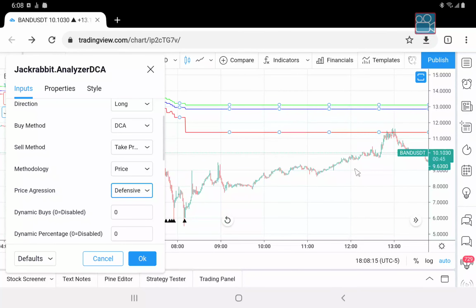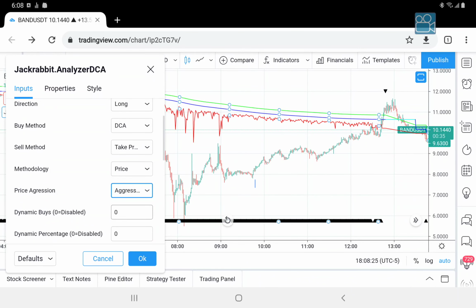So it's important to realize that when you're using this system, it is bloodthirsty aggressive. It's not something to play with. It will destroy every portfolio that is not prepared for just how much aggression it will exhibit.